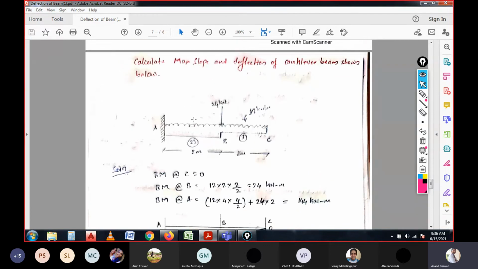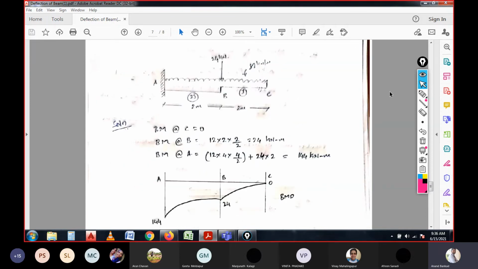In the particular span, the load is acting in combination, the uniformly distributed load along with the point load. So what would be the M by EI diagram and the BMD diagram? If you refer to this question, it asks to calculate the maximum slope and deflection for the cantilever beam shown below. It is quite simple.